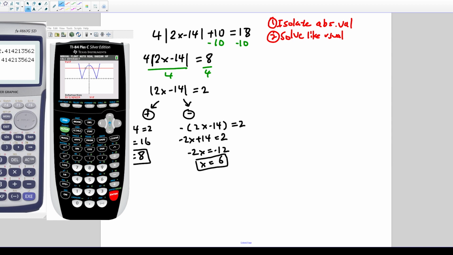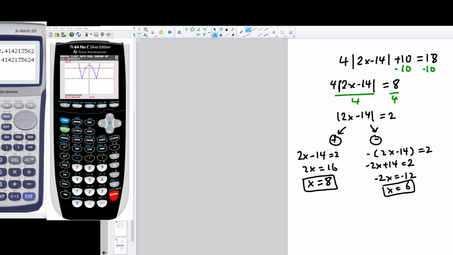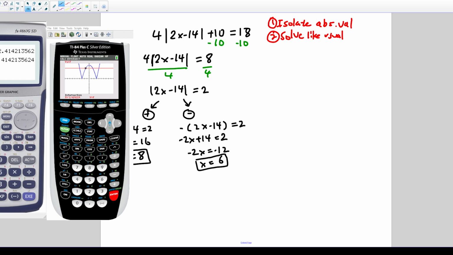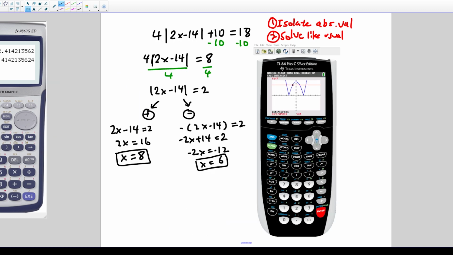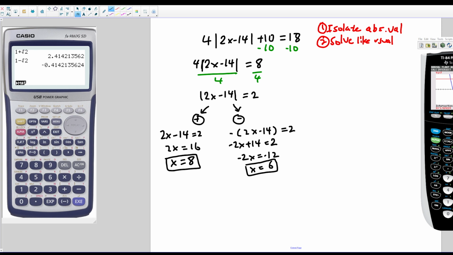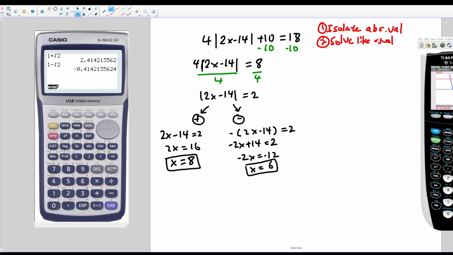I'm going to do us one better. Let's go ahead and plug this into my Casio calculator and double check. So we'll end up getting 4 times the absolute value of 2 times 8 minus 14, close off that bracket, plus 10, and we end up getting 18.